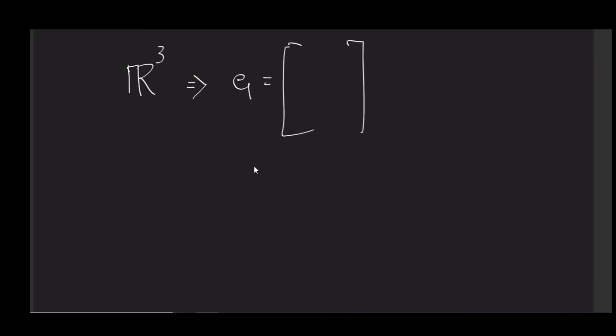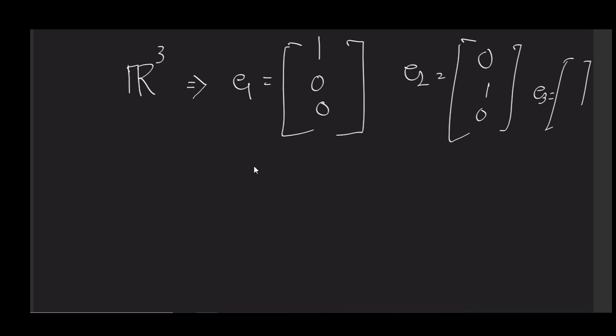Like if you consider R^n, the natural basis, what I already discussed, for R3 the natural basis is e1 equal to (1, 0, 0), e2 equal to (0, 1, 0), e3 equal to (0, 0, 1), like that.